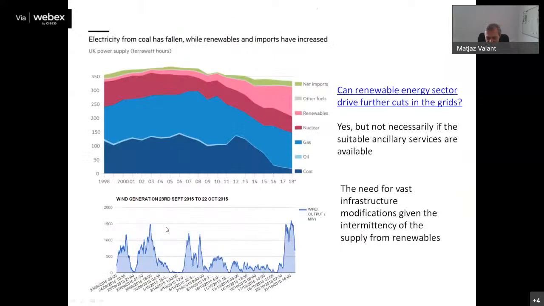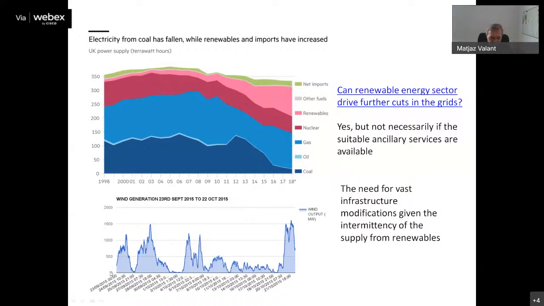Now all of this is becoming even more difficult to regulate when we are adding more and more renewable energy into the grid. Why is that so? Look at this plot below.